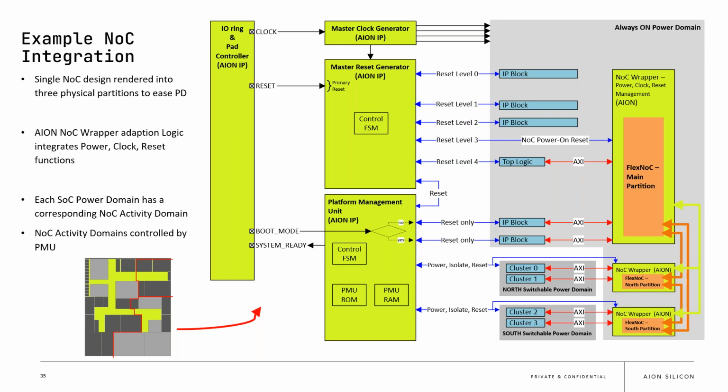So yeah, that's all in your always on power domain. Each of the gray blocks are your power domains. You've got your always on power domain, and then you've got two switchable power domains, north and south, which contain your IP blocks. And the power switching and reset management of that is performed by your platform management unit.